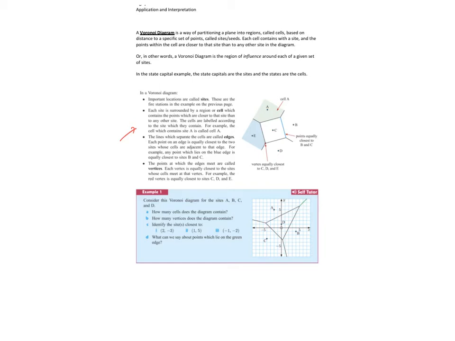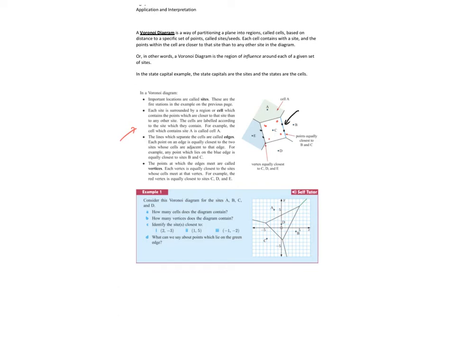So all the points here are closest to site C than to any other site. However, if we go along the edge of the cell, those points are equally close to the two adjacent sites. So here, the two black dots are equally close to site C and site B.